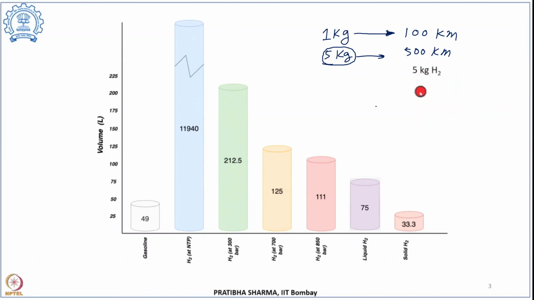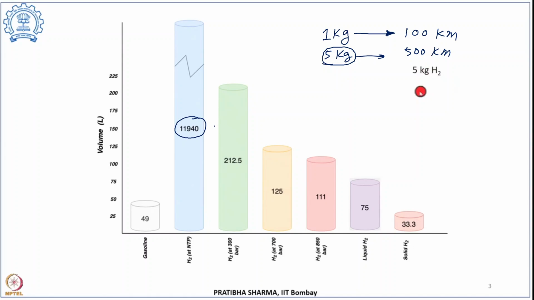At NTP conditions, normal temperature and pressure, the volume of the storage tank should be around 11,940 liter.